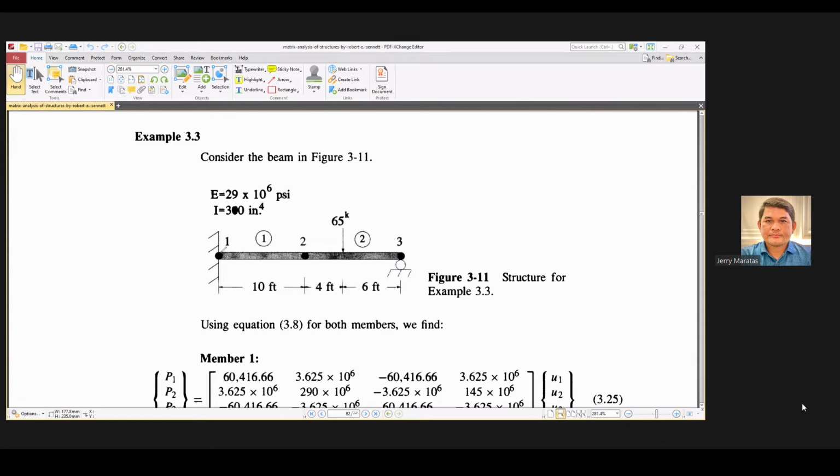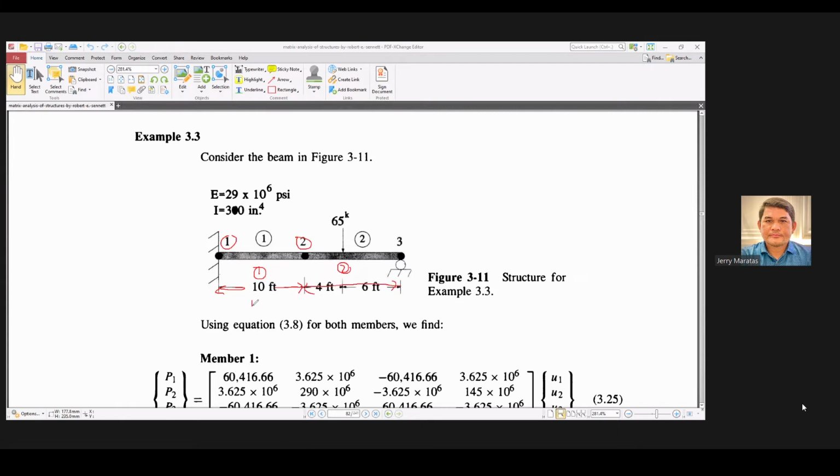This is member one, from here to here. This is your node one, this is your node two. Then member two, from here to here.